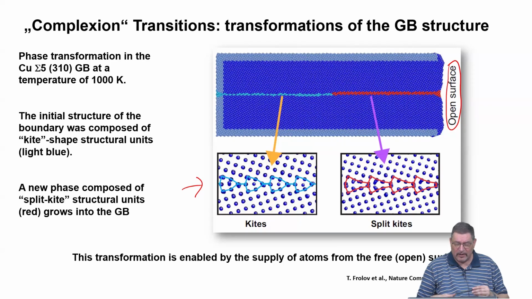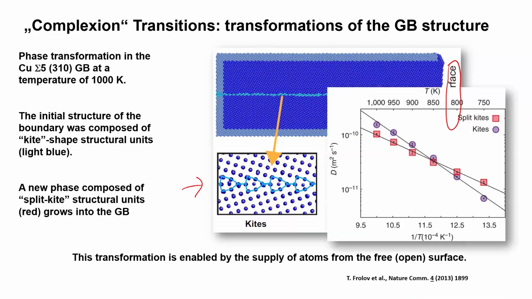And the nice thing is, with this MD simulation, you can also simulate diffusion processes in the boundaries for these 2 different structures of the boundary plane. And this has been done.